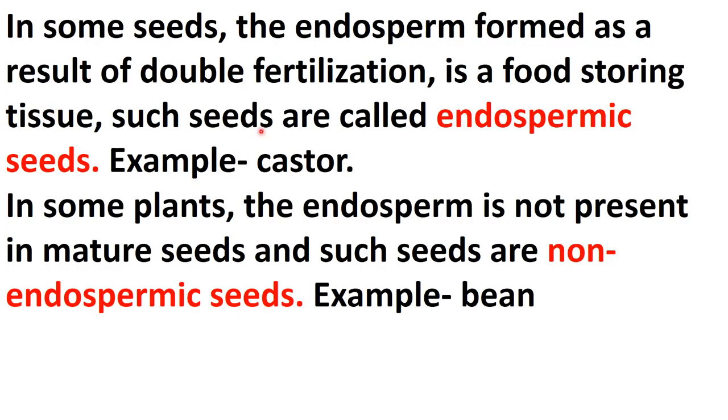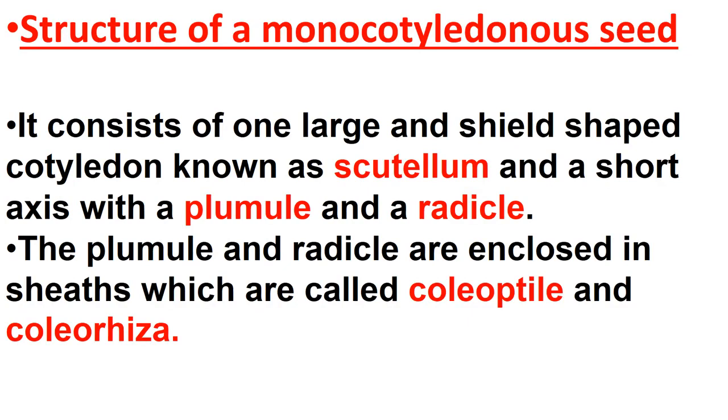Okay, so such seeds are called endospermic seeds, for example castor. In some plants, the endosperm is not present in mature seeds and such seeds are non-endospermic seeds. Okay, so the seeds in which endosperm is not present will be called non-endospermic seeds. For example, bean.